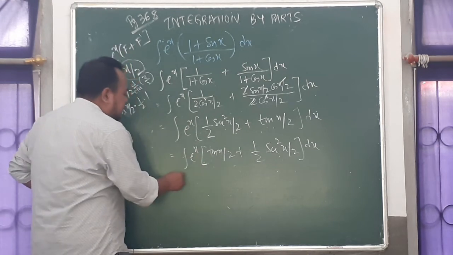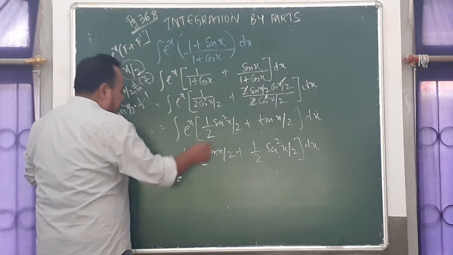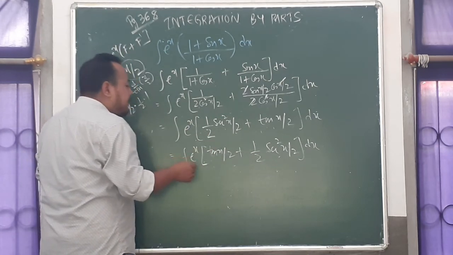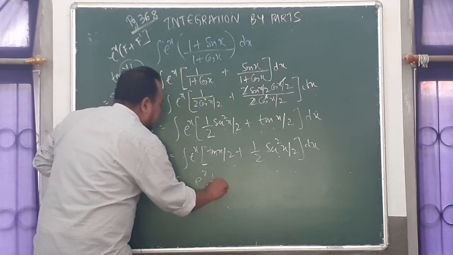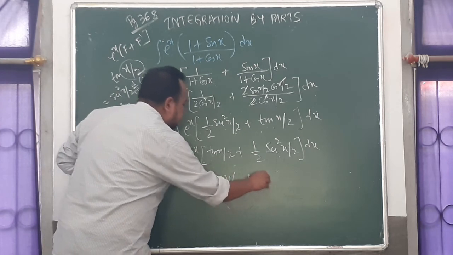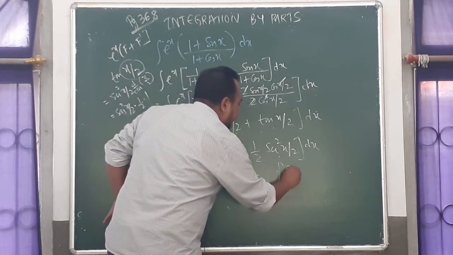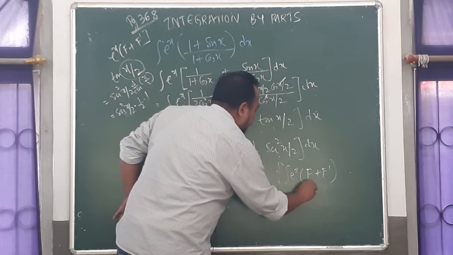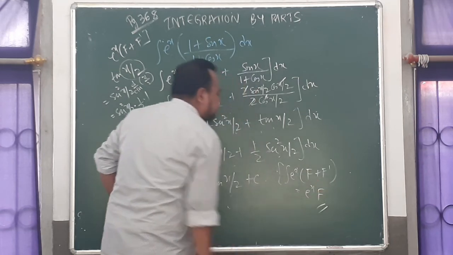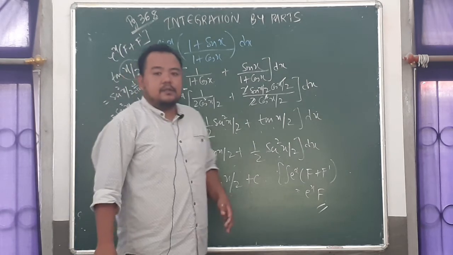So as you can see, this clearly satisfies the property of by parts. Therefore the answer of this is e to the power x into the function, that is tan x by 2, plus c. How did I get this? Using the property: e to the power x into f plus f dash will give you e to the power x into f. Is that clear?